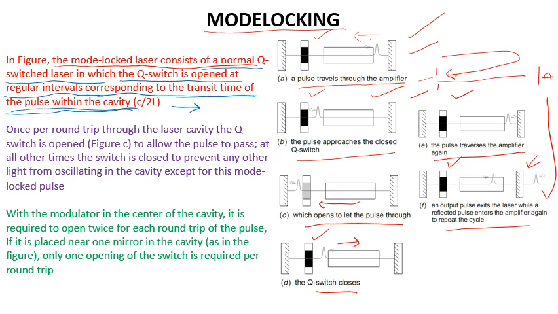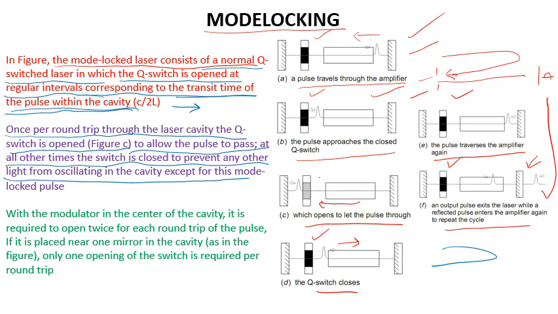Once per round trip through the laser cavity, the Q switch is opened, like here, one round trip like this, to allow the pulse to pass. At all the other times the switch is closed to prevent any other light from oscillating in the cavity except this mode locked pulse. So one time it's open after one round trip, and the rest of the time it's closed, letting the pulse get out from the output coupler.